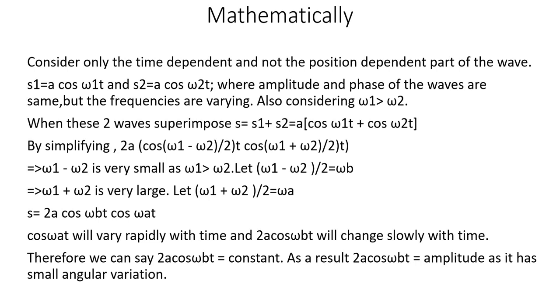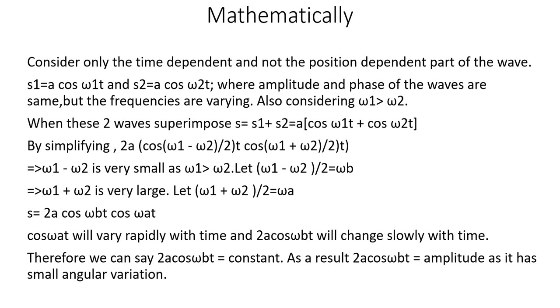A can be taken common, so a times (cos omega 1 t plus cos omega 2 t). Cos A plus cos B can be written as 2 cos (A minus B)/2 cos (A plus B)/2. You might have already studied that in trigonometry. So if you simplify, you will get 2a cos ((omega 1 minus omega 2)/2 times t) cos ((omega 1 plus omega 2)/2 times t).